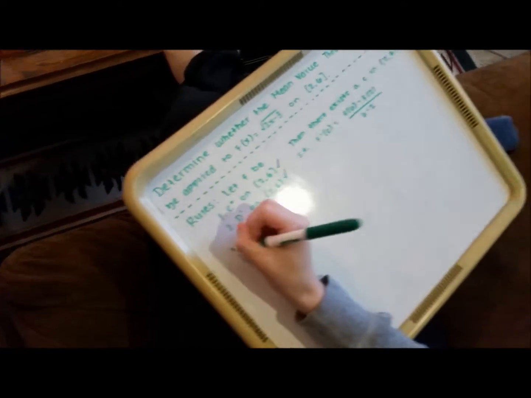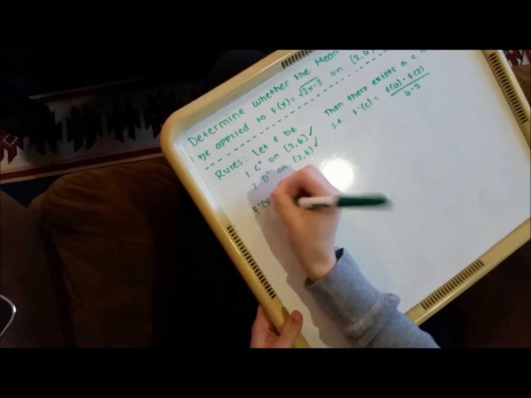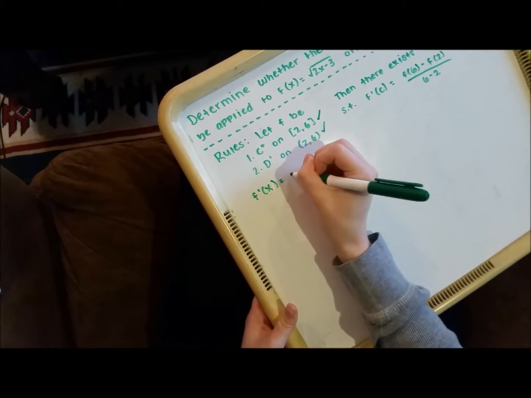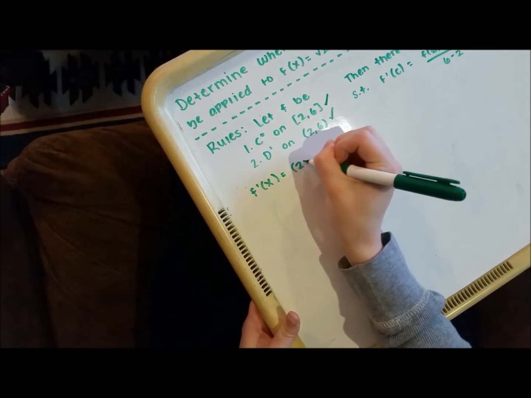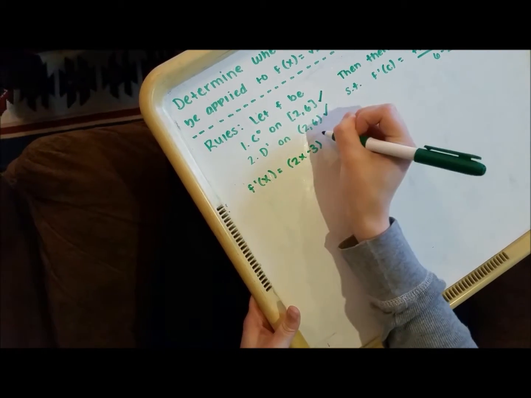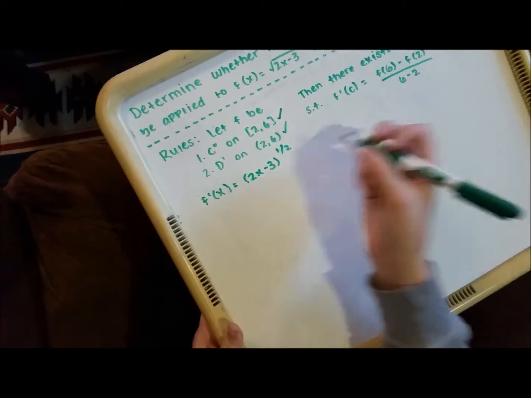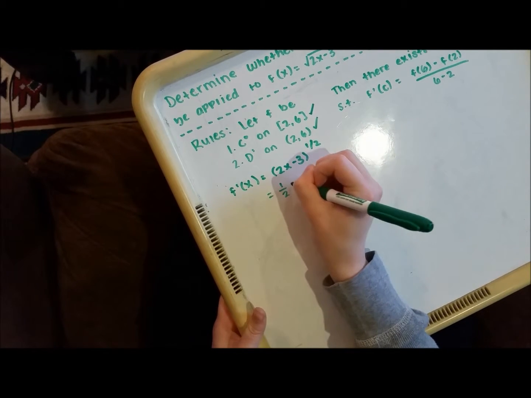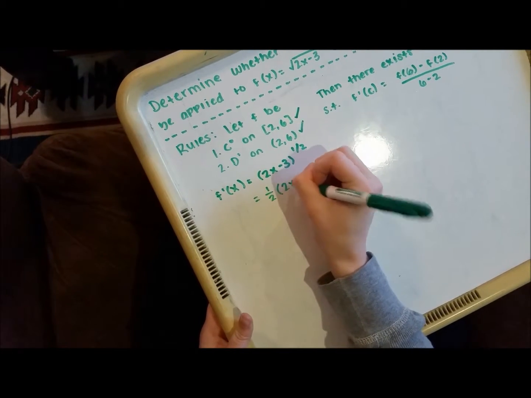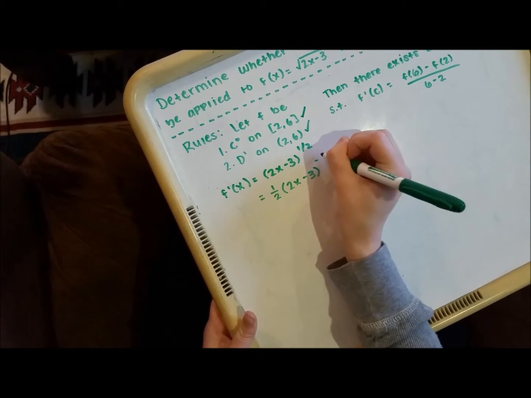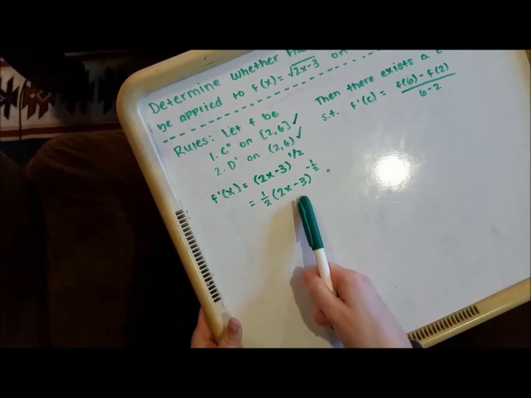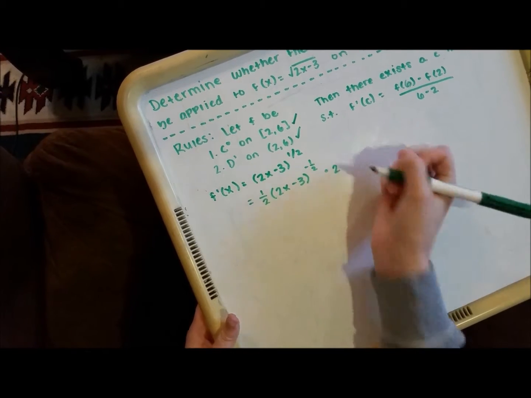Now we need to find f'(x). The square root of 2x - 3 can also be written as (2x - 3)^(1/2). The derivative of that is 1/2 times (2x - 3)^(-1/2) times the derivative of 2x - 3, which is just 2.